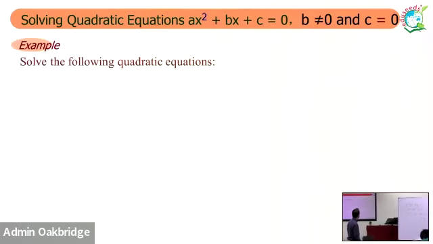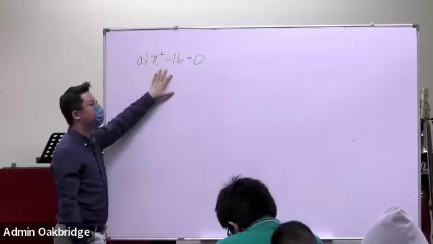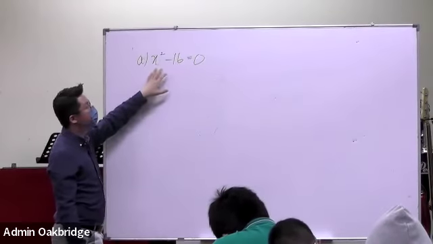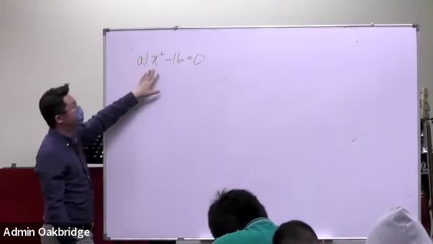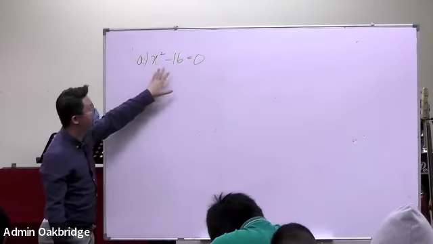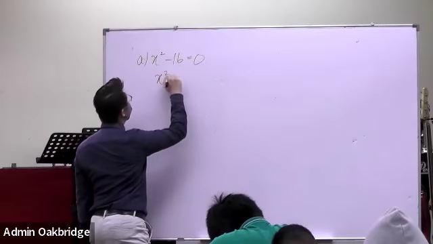Let's look at this one. x squared minus 16 equals 0. First of all, you identify that the x term is not there, but the constant is still there. We still have the x squared term. So the first step is to make x squared the subject.